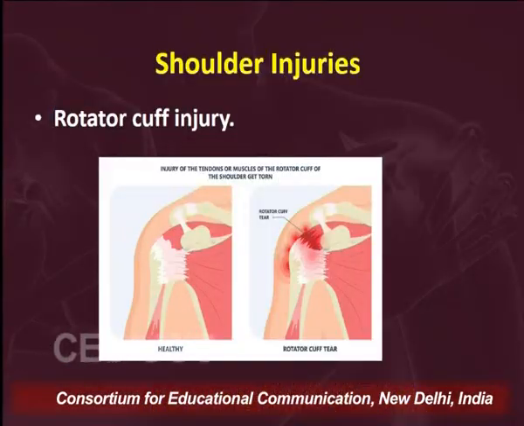We'll start with the shoulder injuries, and in shoulder injuries we will start with the rotator cuff injury. We can see in the picture also, one is the normal shoulder and another one is the damaged shoulder. So these are the most common shoulder injuries. The rotator cuff is a group of 4 muscles and tendons that stabilize the shoulder joint.